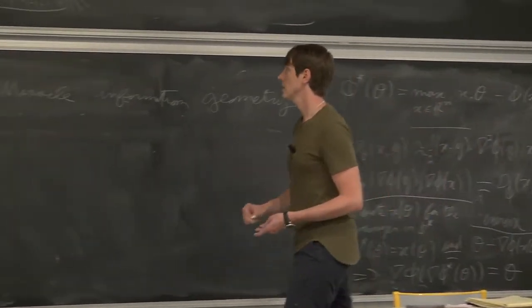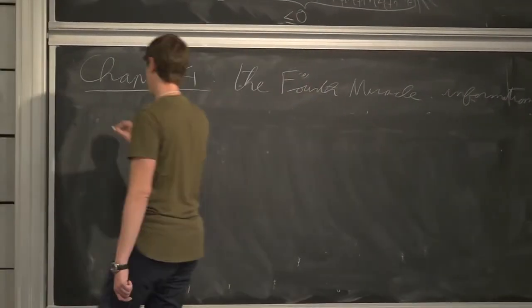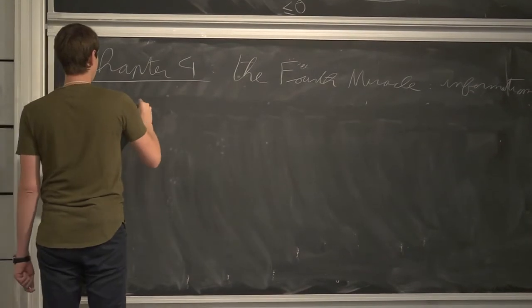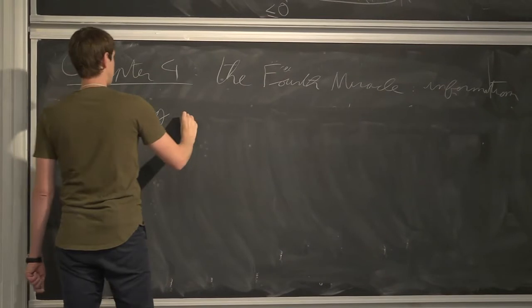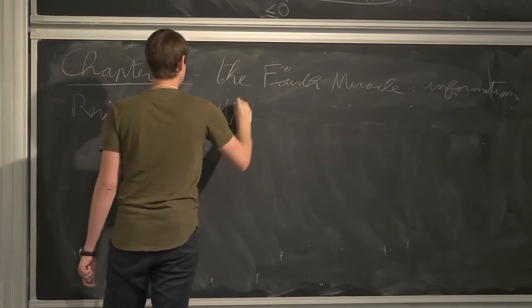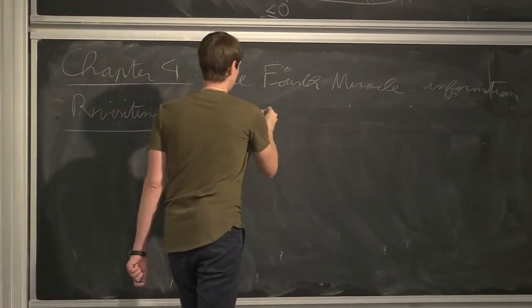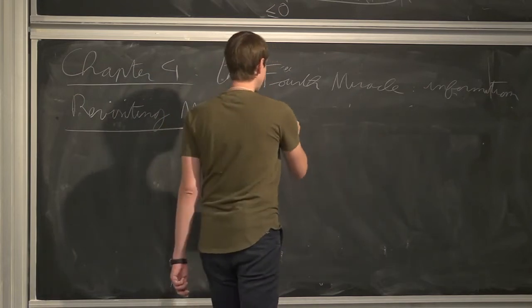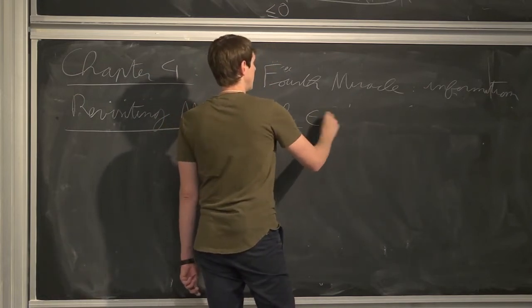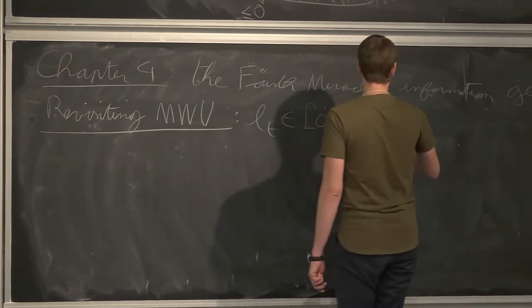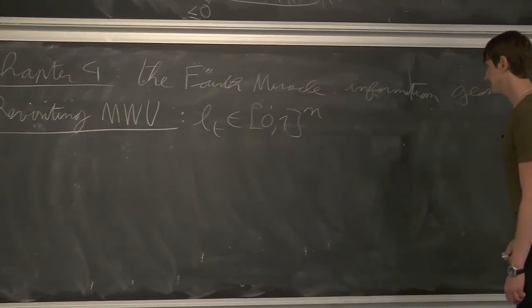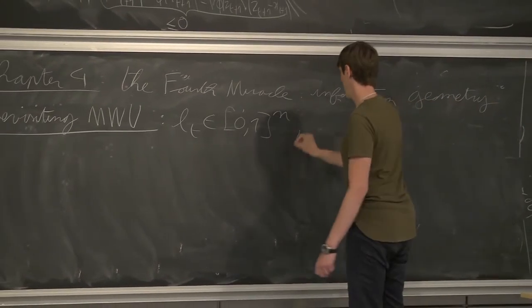So, revisiting multiplicative weights update. You remember you have a loss, lt, which is, let's say, in [0,1]^n.